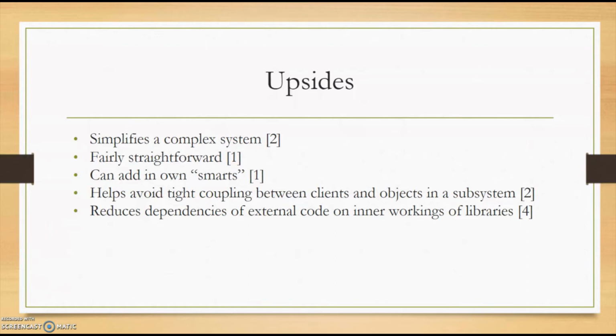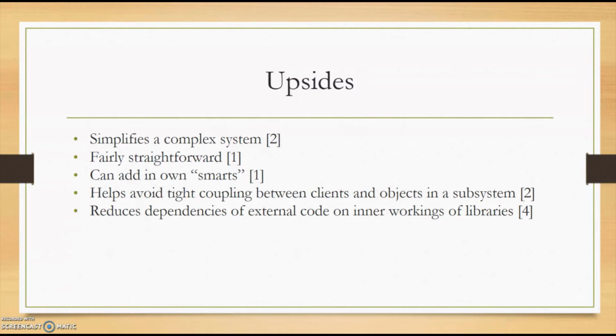It can add in its own smarts. So for example, in a movie theater, if there's a popcorn popper, it knows that the popcorn popper needs to be on before actually popping popcorn. It also helps to avoid tight coupling between the clients and objects in the subsystem. When you see the clients and the objects interacting, they can quickly become intertwined and really dependent on one another.